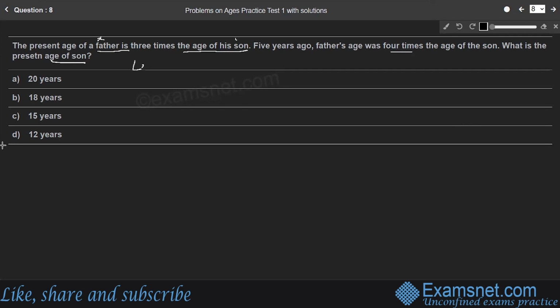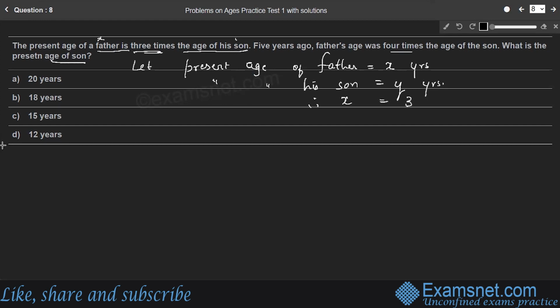So the present age of the father is 3 times the age of the son. Therefore, x = 3y, right?